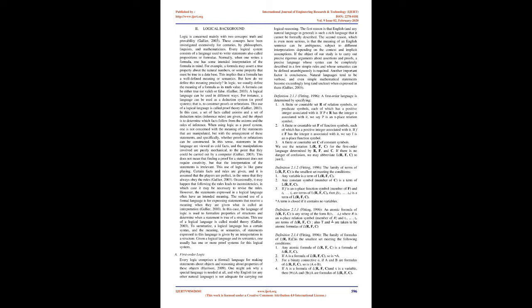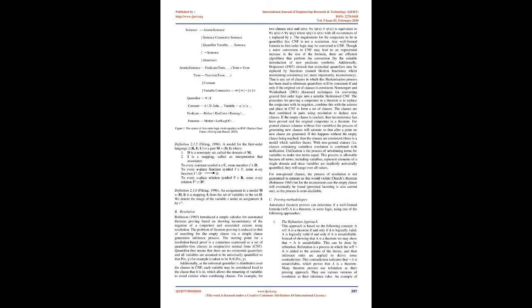The first reason is that English, and any natural language in general, is such a rich language that it cannot be formally described. The second reason, which is even more serious, is that the meaning of an English sentence can be ambiguous, subject to different interpretations depending on the context and implicit assumptions.